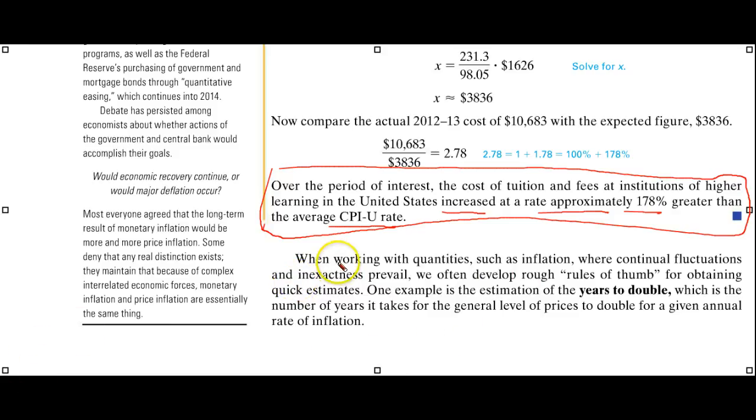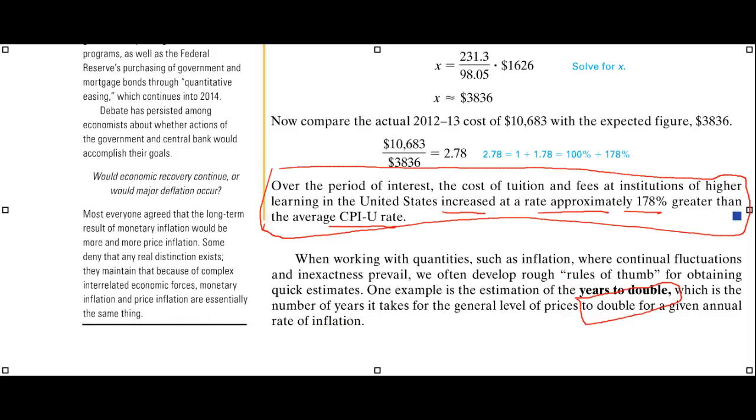So winding this up, it says, working with quantities such as inflation, where continual fluctuations and inexactness prevail, we often develop rough rules of thumb. That is, when they used to measure things, is how long is a person's thumb. Well, the rule of thumb is, how many years does it take for something to double?